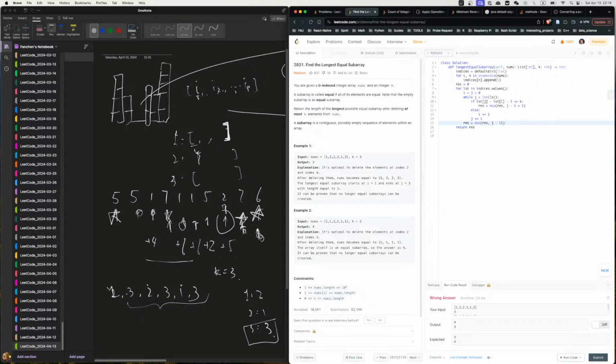I think at the end we shouldn't do it. It should be like this, but I think it's still going to be wrong because j at the end will go outside. Then my output is still 2. That is bizarre. Very bizarre.